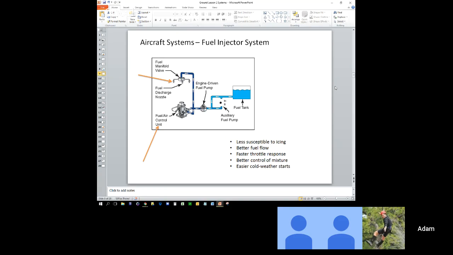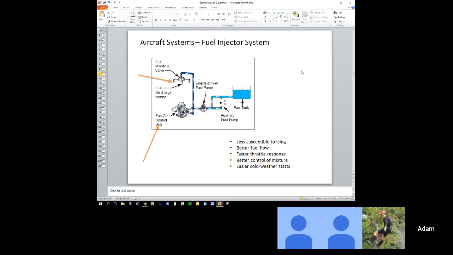The one major difference being that the charge, the fuel air mixture leaving the control unit, is already mixed. It doesn't have to go through a venturi and become mixed. It's already mixed when it reaches what's called the fuel manifold valve up here.